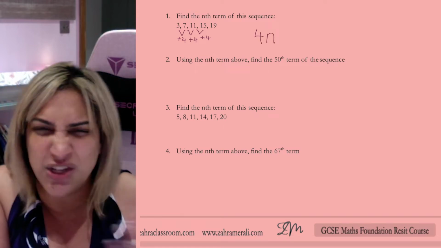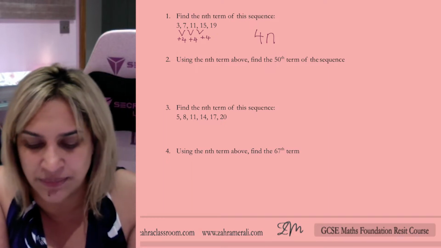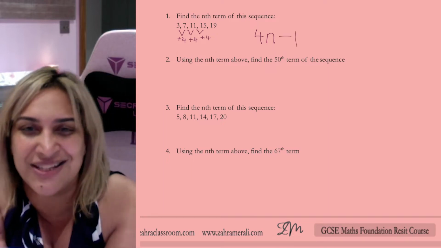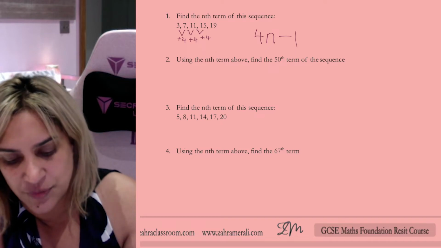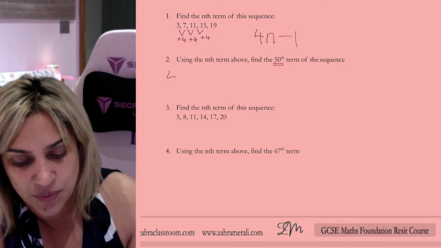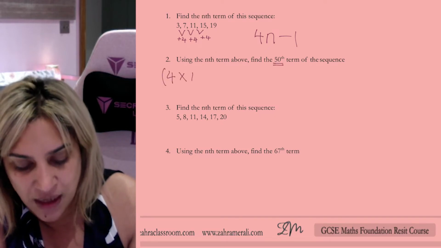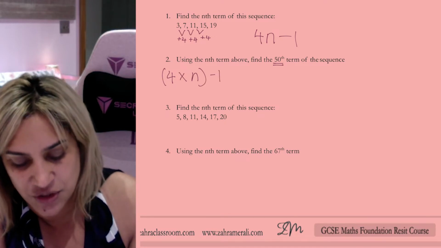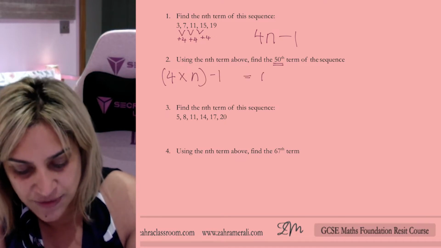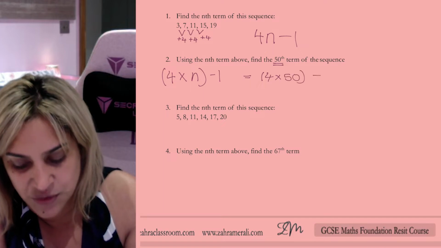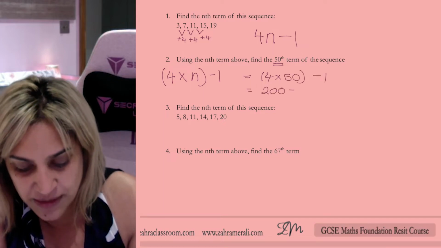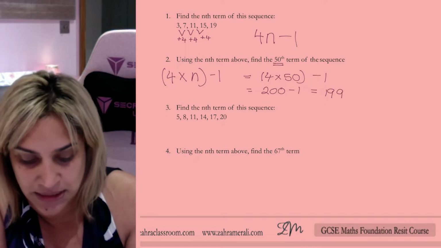Then we say, how do we go from 4 to 3, which is the first number? We minus 1. And that is your nth term. So if we wanted the 50th term, remember 4n means 4 times n. So that's going to be 4 times 50 minus 1. So 200 minus 1, which is 199.